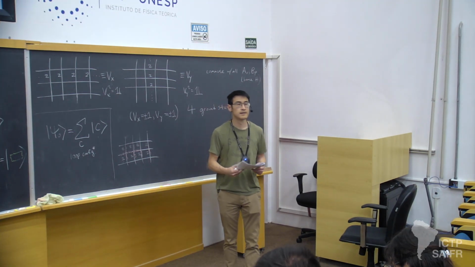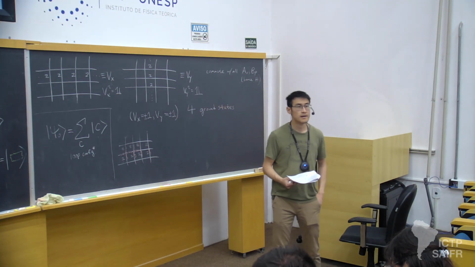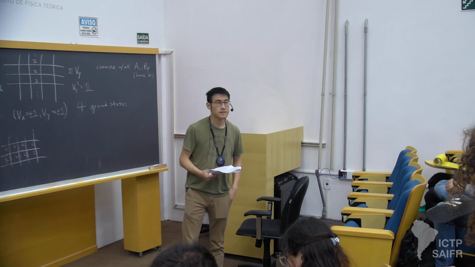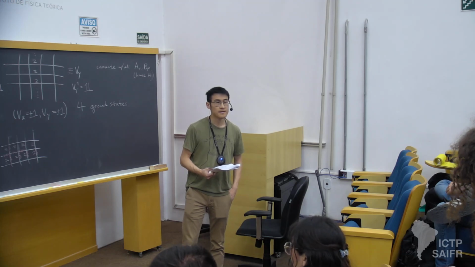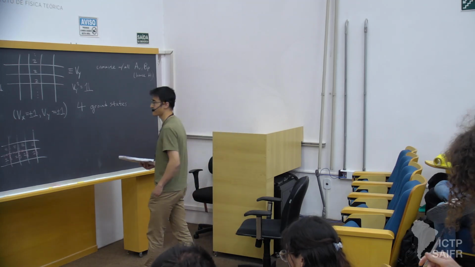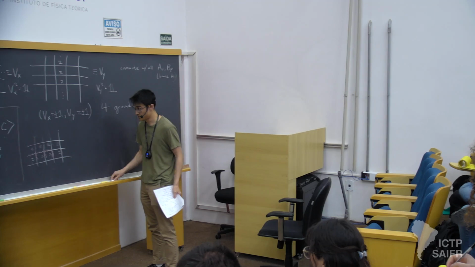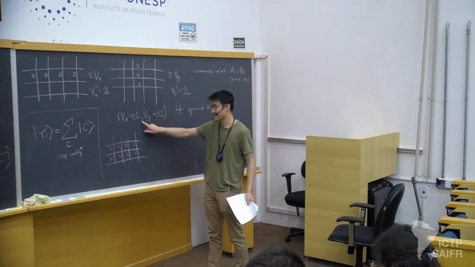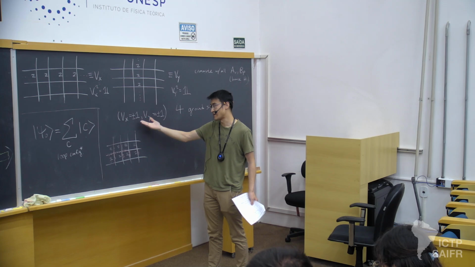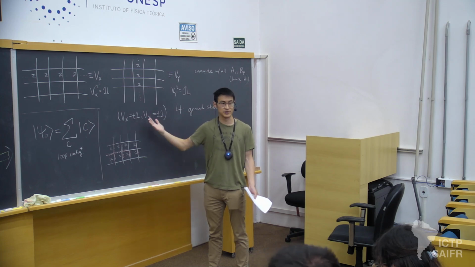Can you put these ground states in superposition, or is it some kind of selection rule? That's another good question. Here I've kind of chosen a basis for this degeneracy.